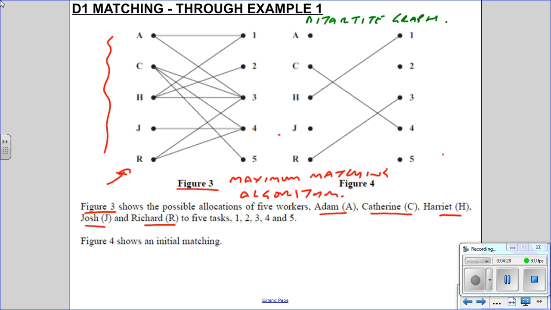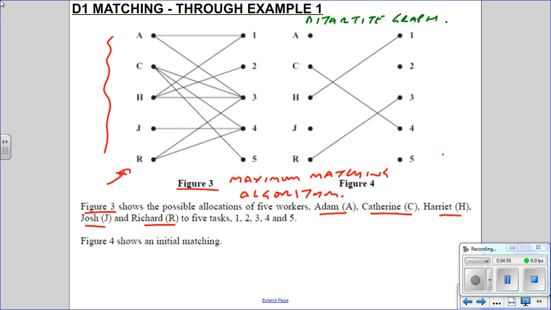Make sure that they can do as many tasks as possible, and that way, if anyone is ill, they can be covered. Okay? Because at the moment, J, who's J? Josh. Well, he can only do task 4. So he's not very flexible, is he? There's not much he can offer outside of doing task 4.